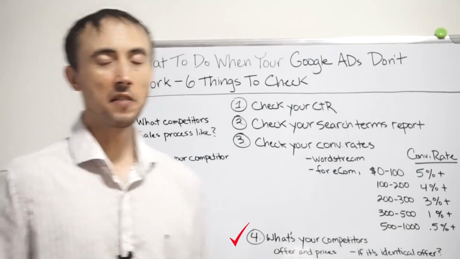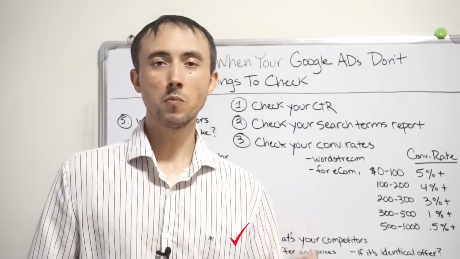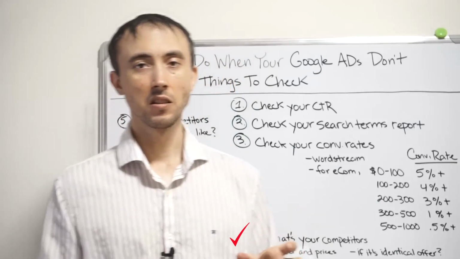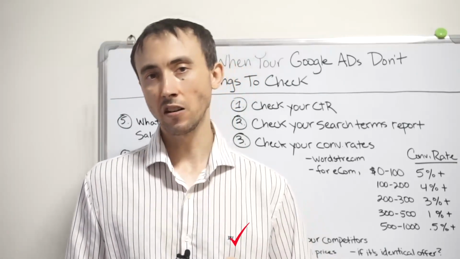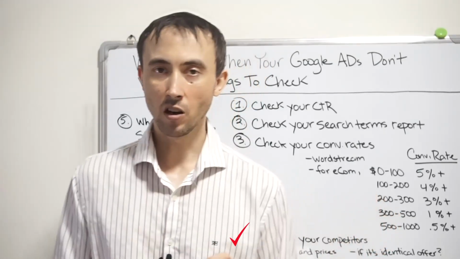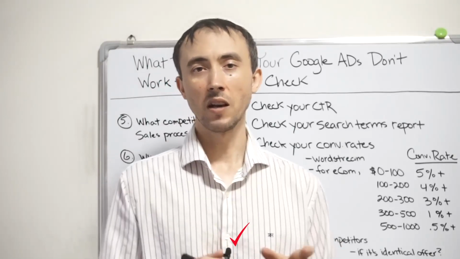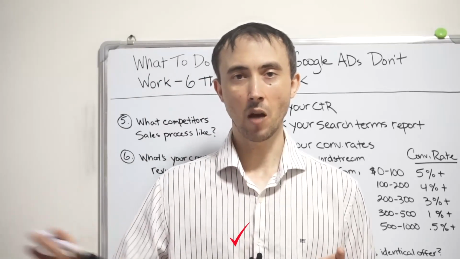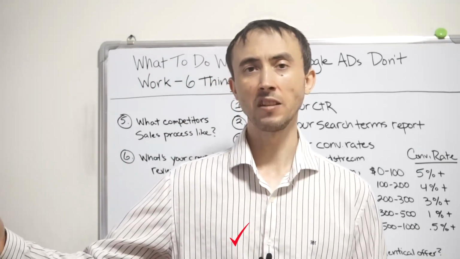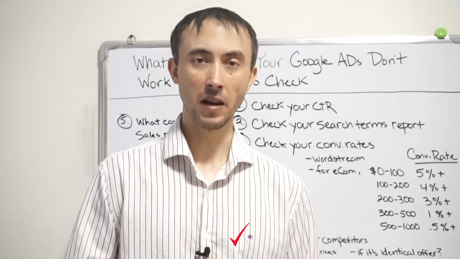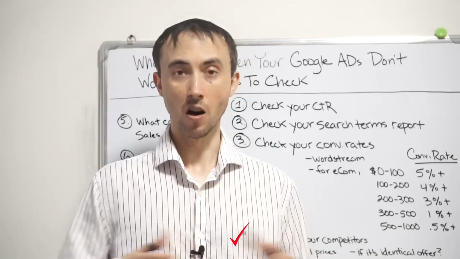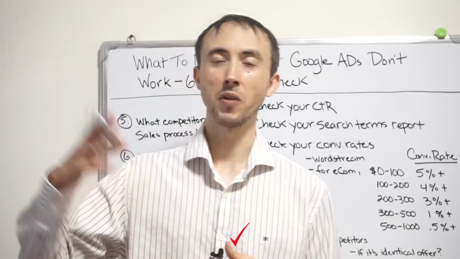So basically, if you took out everything else and compared your offer of the product or service you're selling and how you frame it, i.e. is there a guarantee, are there payment plans, are you throwing in an extra, whatever, and you compare it directly side by side with your competition that's already advertising through Google Ads, you could throw in who's ranking highly in the organic space as well, by the way, because they're also a competitor that's going to be findable for people on Google, particularly as you have higher priced items.